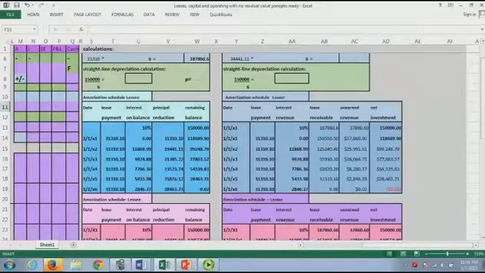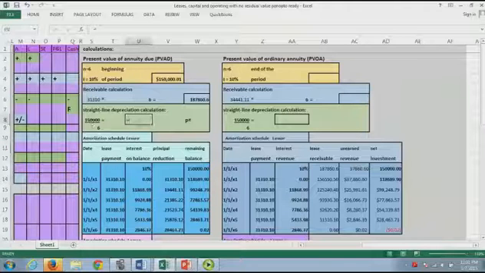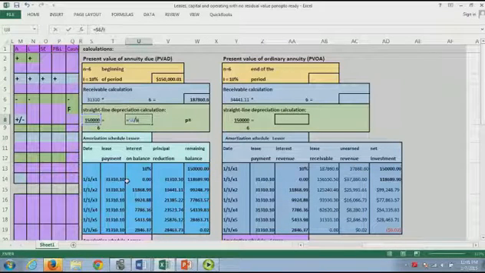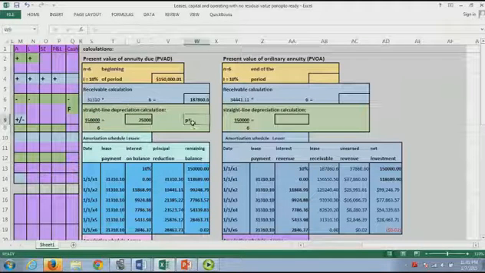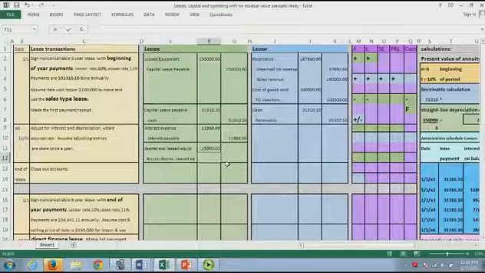So if the asset is on the books, if you remember, at $150,000, 150,000 divided by 6 is 25,000. So $25,000 each year for the next 6 years would be depreciated.